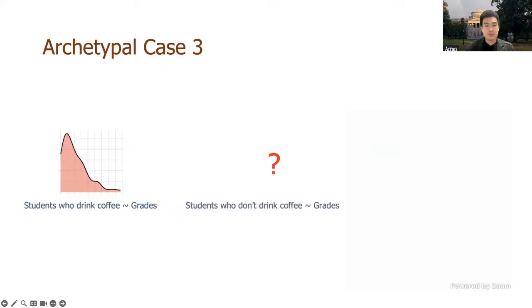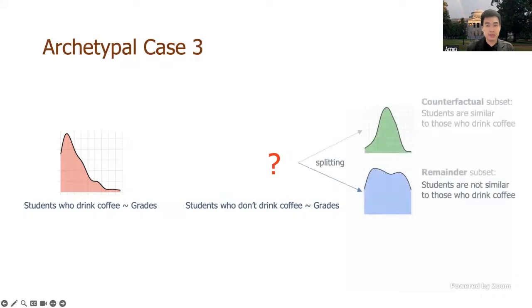But what if different and probably more complex cases appear? Like we are showing here, if the data subsets look like this, we say both counterfactual and remainders are not similar with included on the very left side. It means the distribution of excluded in the middle depends on how counterfactuals and remainders are combined together.